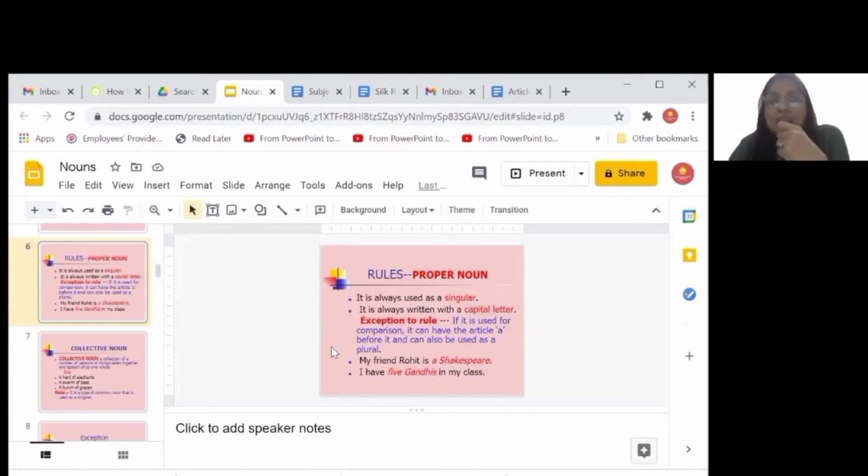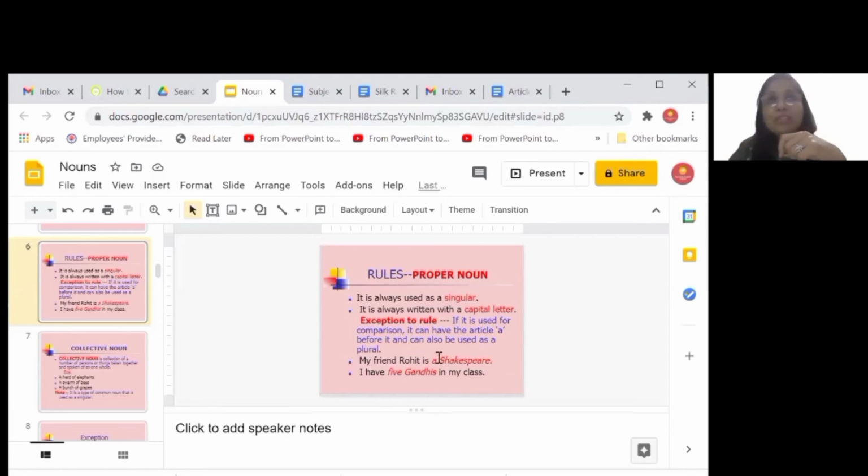But sometimes we can make use of this proper noun as a common noun. That is the exception to this rule. And in this class today, I am also going to focus on exceptions to rules because we often learn the rules, but we forget about the exceptions. Now, this is an exception.